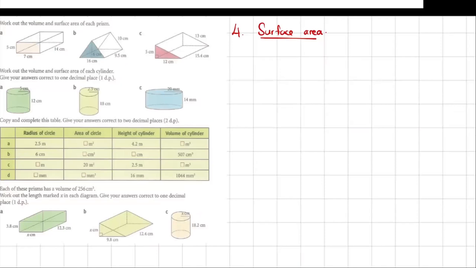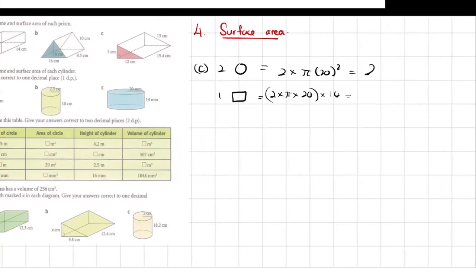And then the next one, C: 2 circles, 1 rectangle. 2 times pi times 20 squared, plus 2 times pi times 20 times 14, plus 2 pi 13. 1759.29.